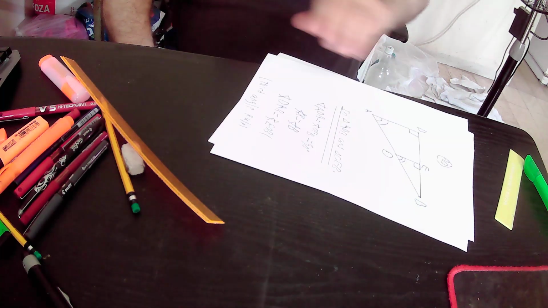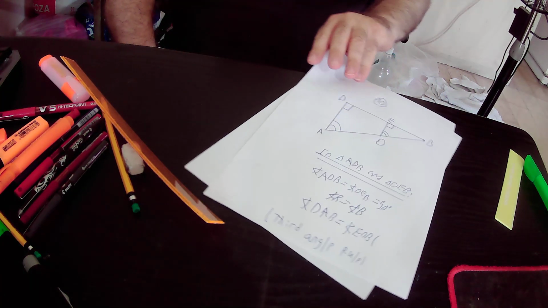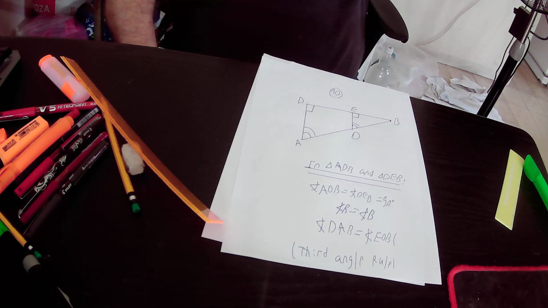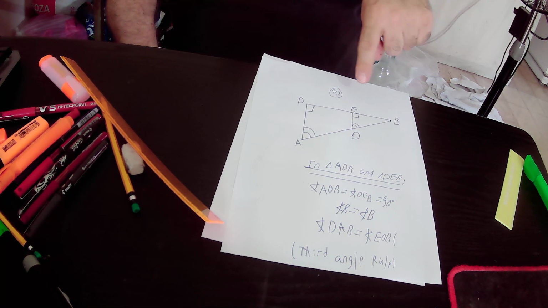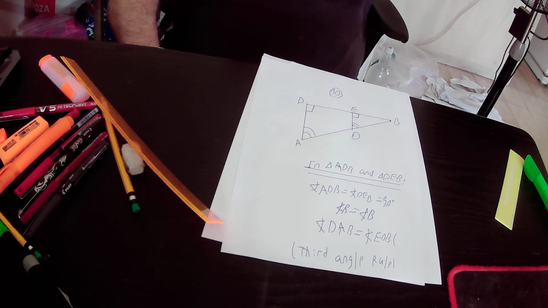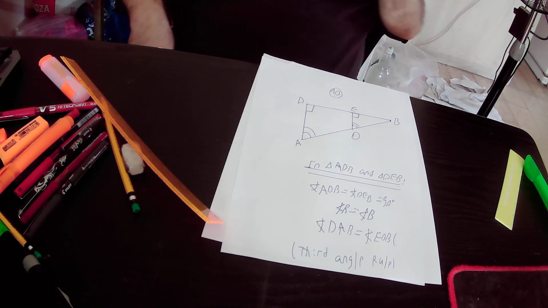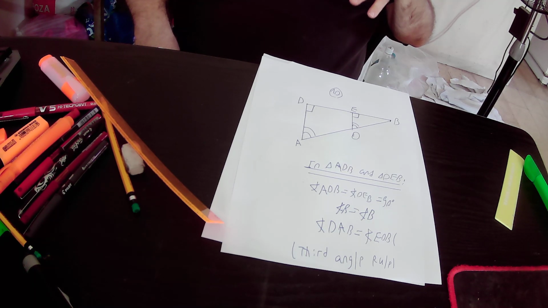Okay, so we actually proved the three angles of the big triangle ADB are equal to three angles of the small triangle OEB. Therefore, we actually proved that those two triangles are similar to each other according to the angle rule.